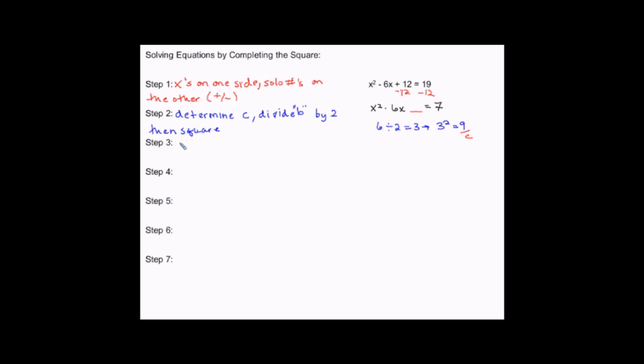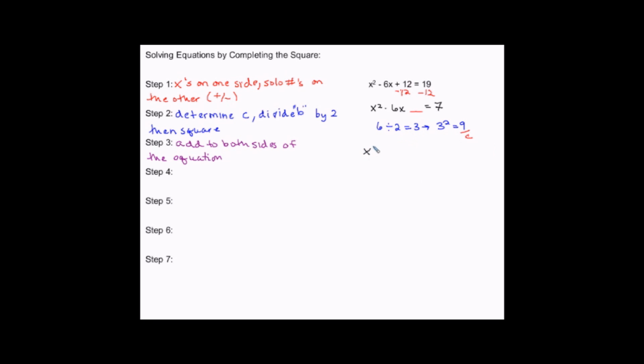Once I have c, I want to then add c to both sides of the equation. I can't just put c in this blank, that would no longer be true. I actually have to add it to both sides of the equation.